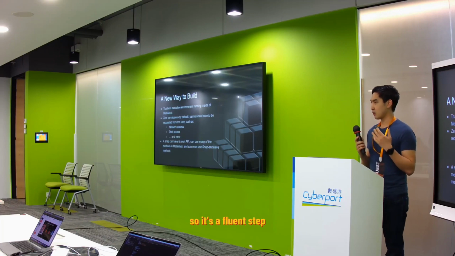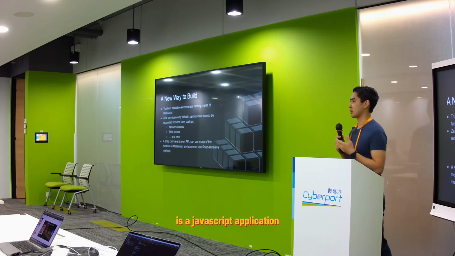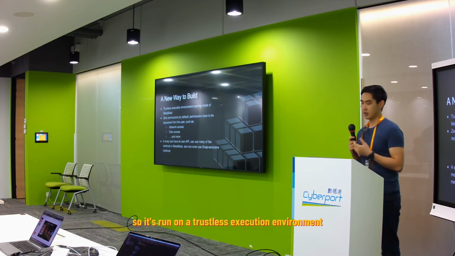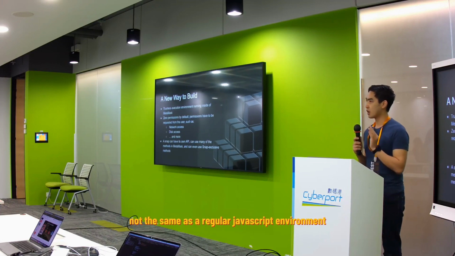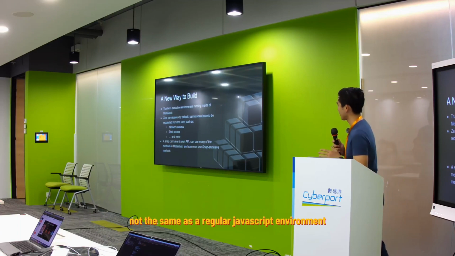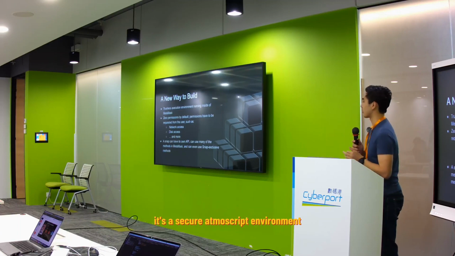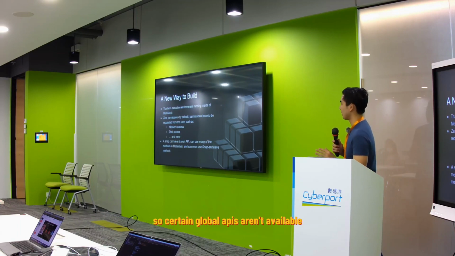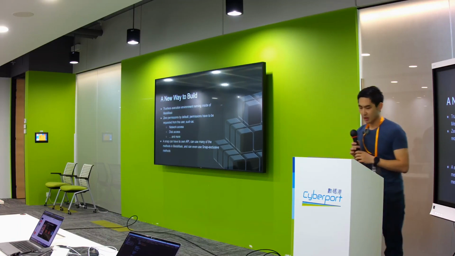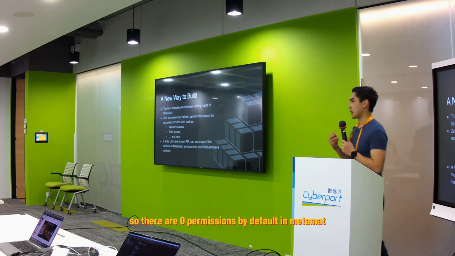A snap is a JavaScript application, run in a trustless execution environment. This environment is not the same as the regular JavaScript environment. It's a secure ECMAScript environment, so certain global APIs aren't available, and it's more locked down. There are zero permissions by default.